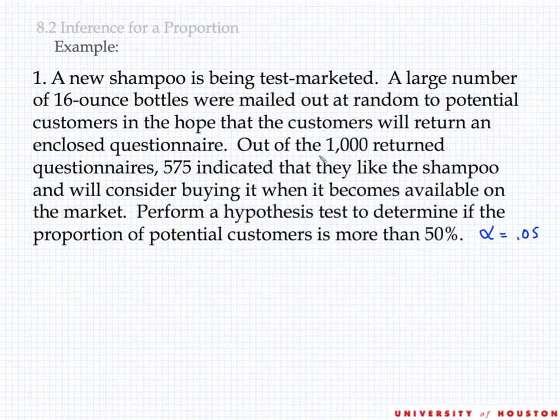Since our population would be all people that this is marketed to, 1,000 is less than 10 times the population. Our sample proportion, p hat, will be 575 divided by 1,000, or 0.575.